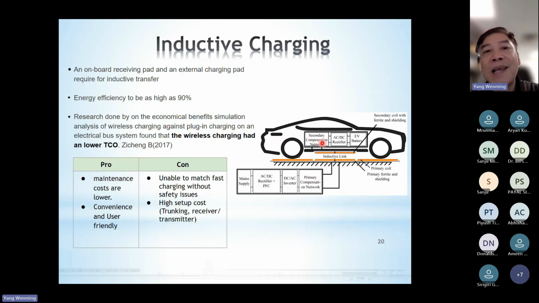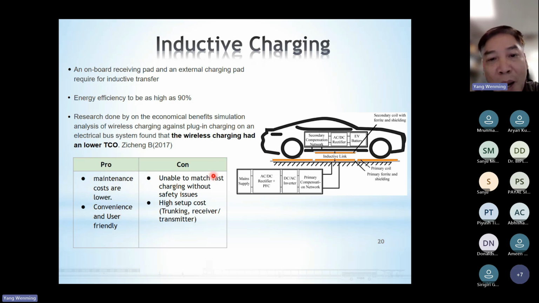The second one is inductive charging. Basically we use an onboard receiving pad and an external charging pad to transfer the electricity from the charging station to the vehicle. This kind of charging method has an efficiency of about 90%. Here are the pros: the maintenance costs are lower and it's convenient and user-friendly.